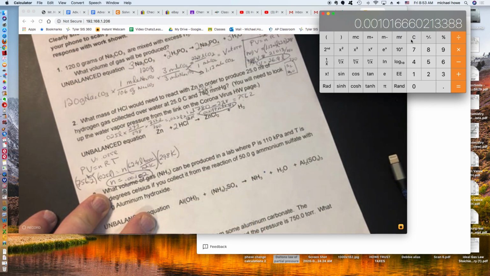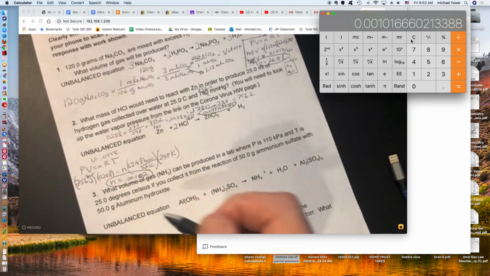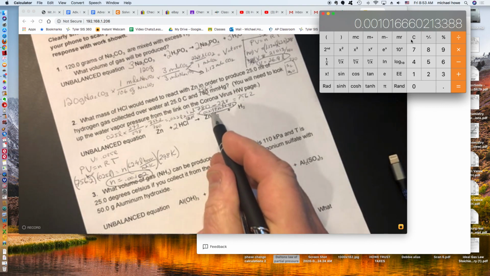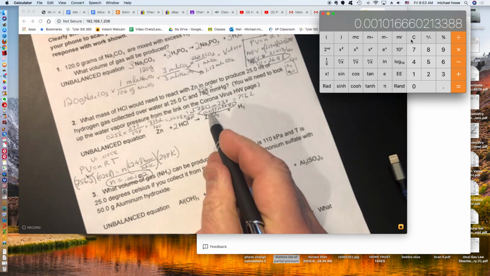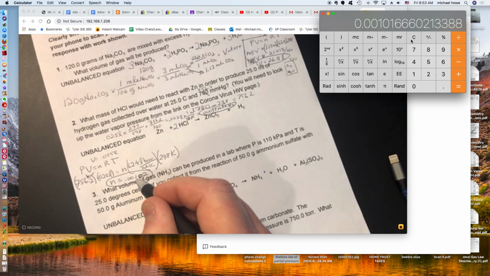But since I don't want to restart the whole video and do it again, you're just going to have to accept that this number and this number are essentially the same. Once again, 0.00099 causes this 0 to round up to a 1, so that really is 0.001, which is the same as this one, 0.001, if you only go to 1 sig fig.